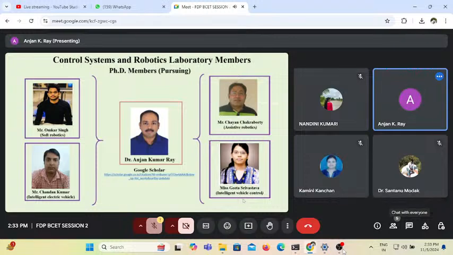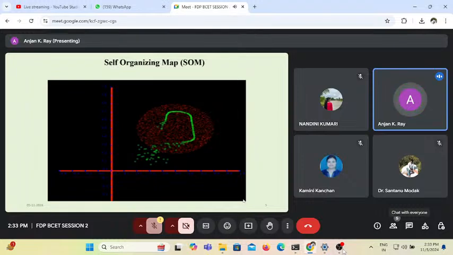So going back to our topic today, we are interested in the self-organizing map. Now, as the name says, self-organizing map means that given a map, the neurons try to organize themselves to map this given area.